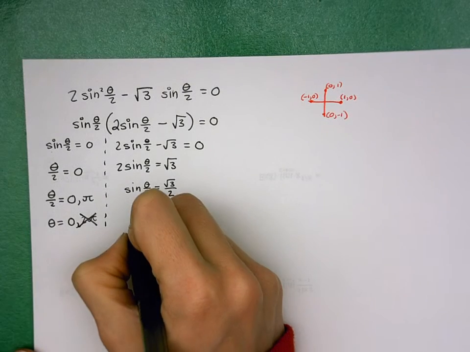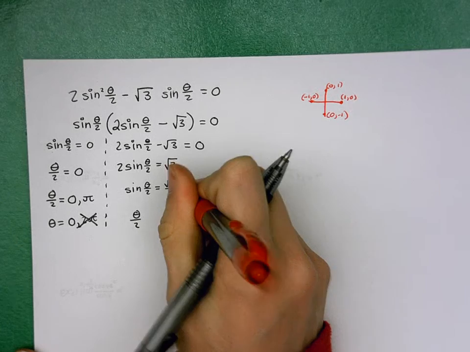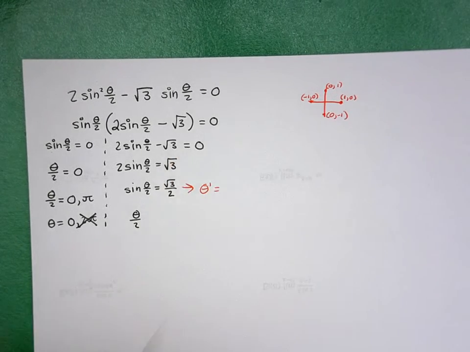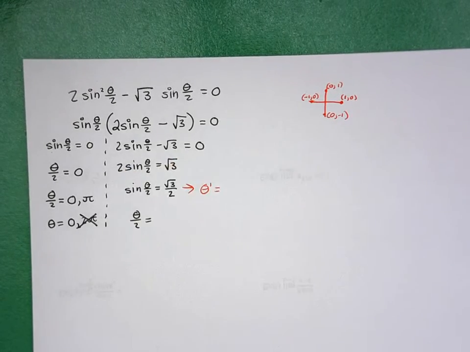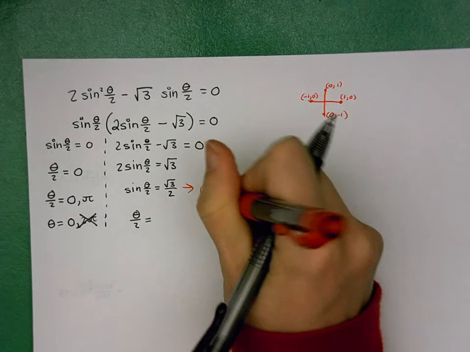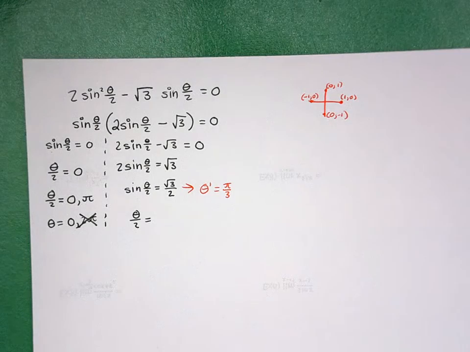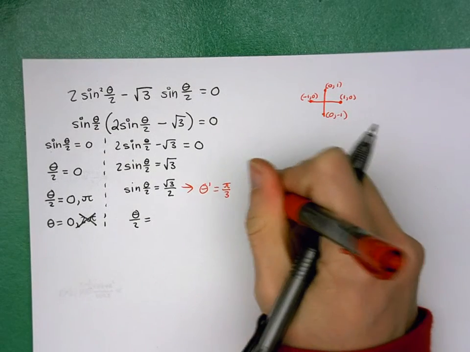Okay, and so then identifying your reference angle and all of that for this particular one. Go ahead and take a moment. What angle gives me a sine of root 3 over 2? You should get pi over 3. Okay, what quadrant would sine be positive in?